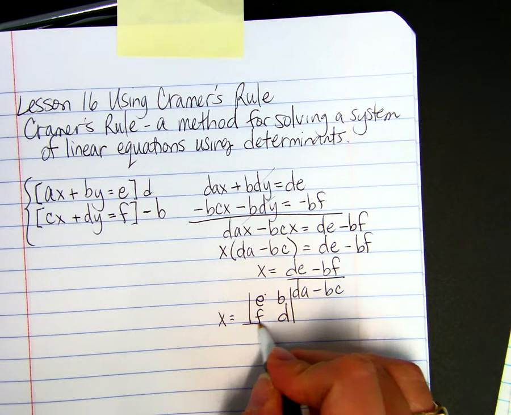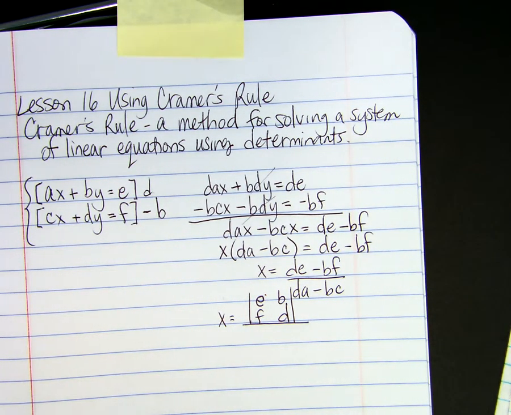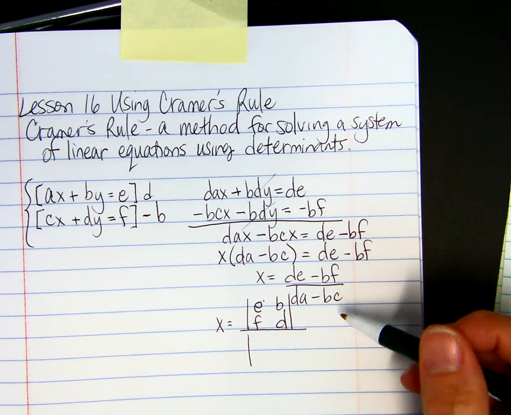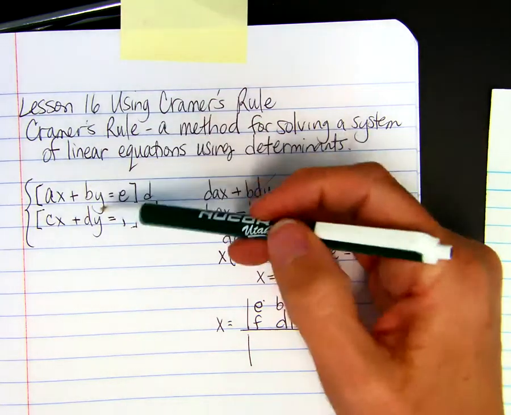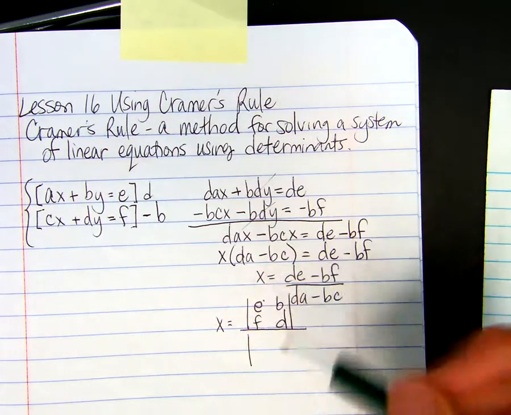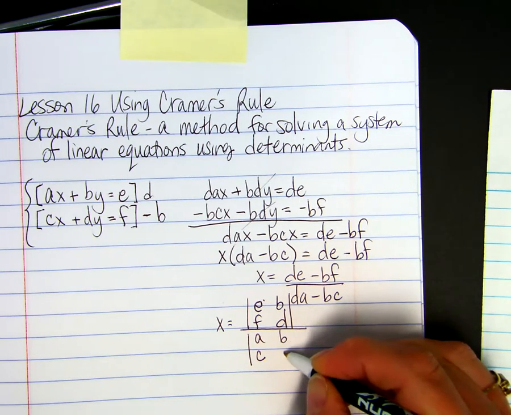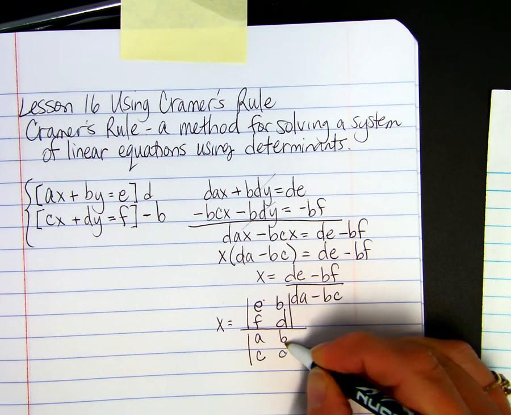Then down here, we have the determinant of the coefficients of x and y. So we have a, c, b, d.